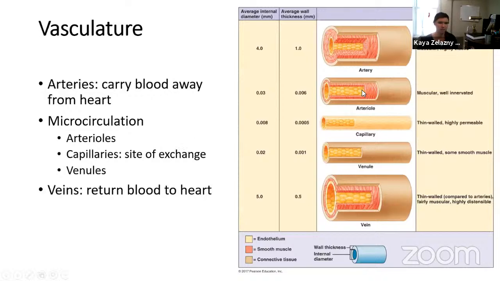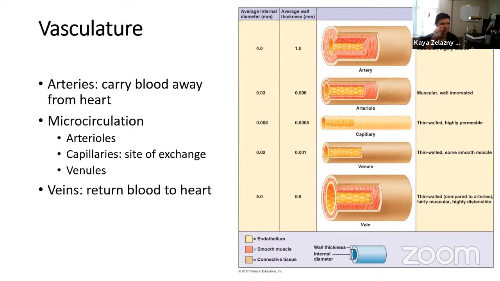As we move down through this chart until we get to the capillaries, we're talking about branches of arteries, so we're getting smaller and smaller vessels. What we refer to as the microcirculation are these three types of vessels in the center of the chart. The arterioles still have this art part at the beginning. They're still carrying blood away from the heart.